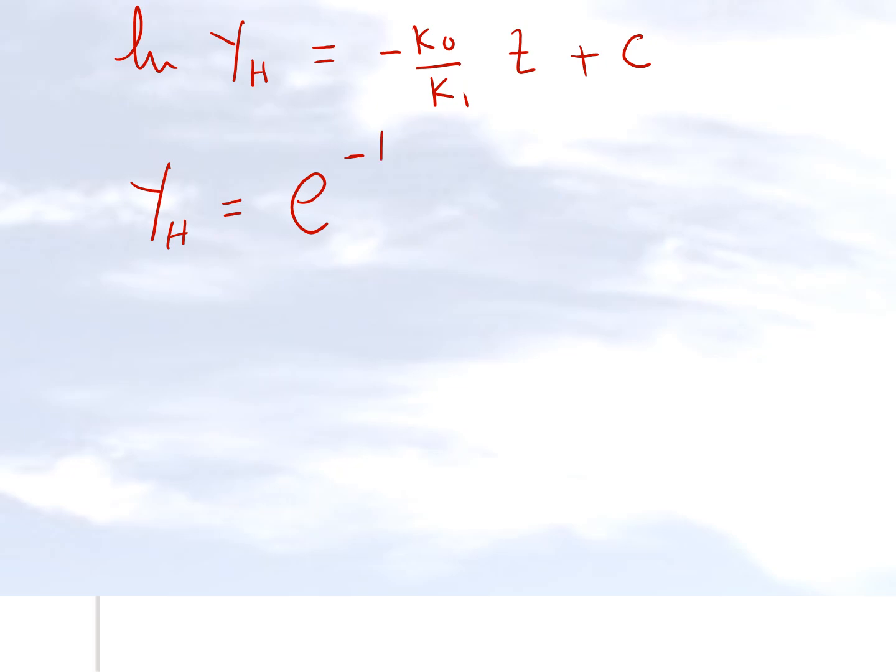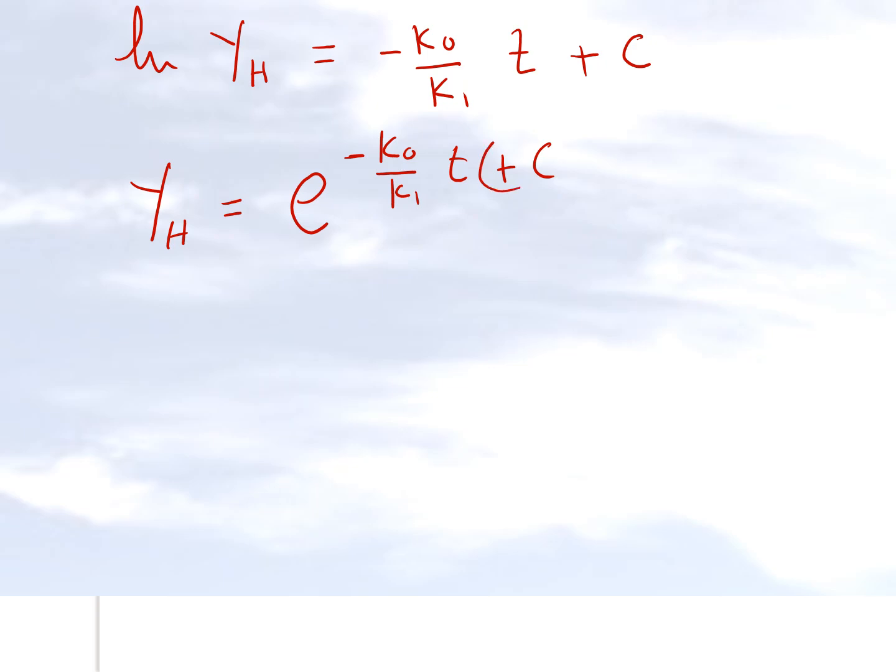This is what we have for yh. We aim to solve for yh, so how about we take the exponential of this entire equation? On the left-hand side, we're going to get yh. On the right-hand side, we're going to get e to the power minus k naught over k1 t plus c.